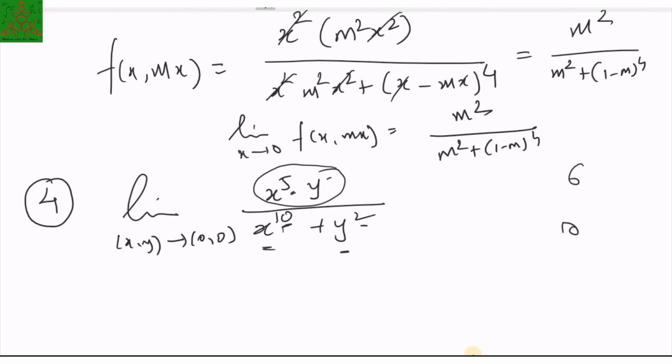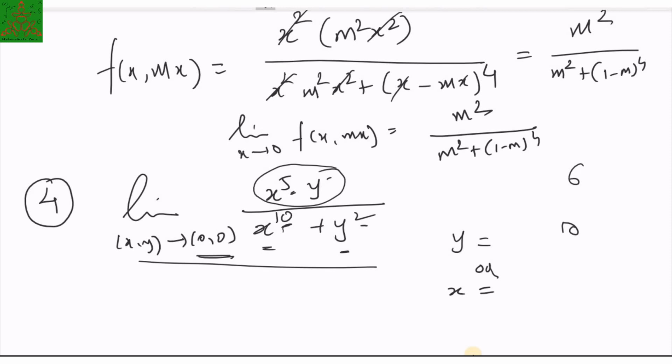So you need to choose some path, that curve has to pass through 0, 0, so that the limit of this will depend on that path. So what path can you choose? You can choose y equal to something or x equal to something, so that you will have some cancellation, so a common term comes out and you will have some answer.